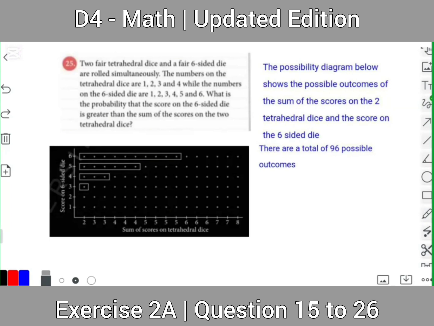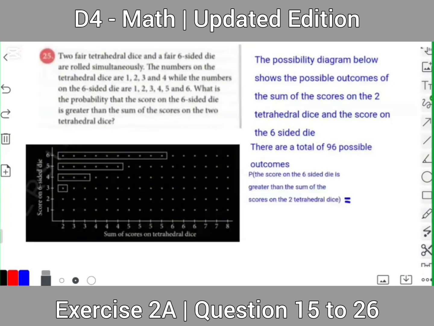So now to find out the probability that the score on the six-sided die is greater than the sum of the scores on the two tetrahedral dice, we can clearly count the number of favorable outcomes, and that are 20.